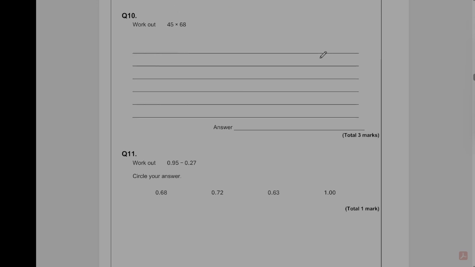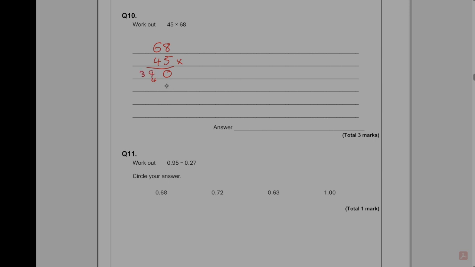Question 10, work out 45 multiplied by 68. Whenever I'm doing multiplication, I like to have the larger number on top. That's my personal preference. So 5 times by 8 would give me 40, small 4 in the tens column, large 0 in the units column. 5 times by 6 would give me 30, plus 4 would give me 34. 0 then goes in the units column, so instead of times by 40, I'm now times by 4.